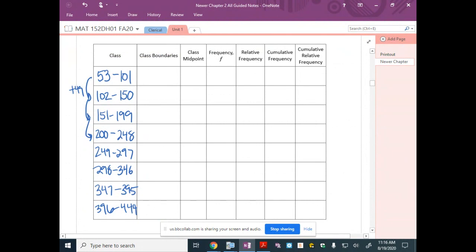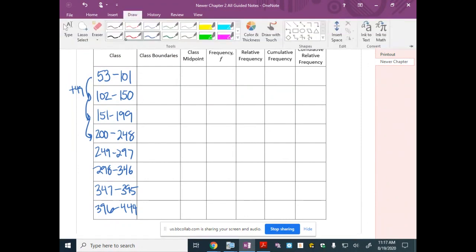If this had stopped at 437, what's the highest value? 440. Where would that 440 go? That's why.